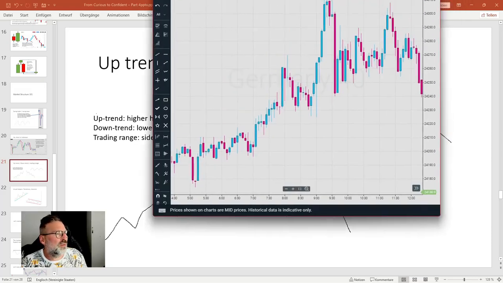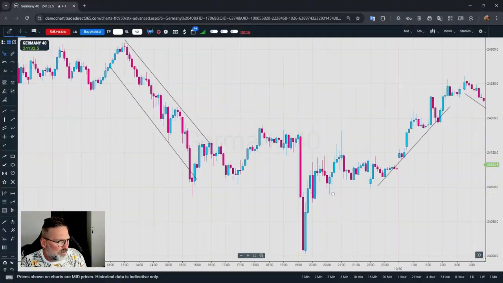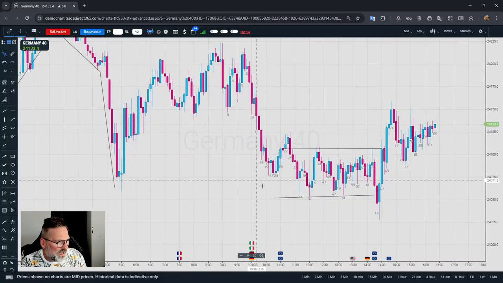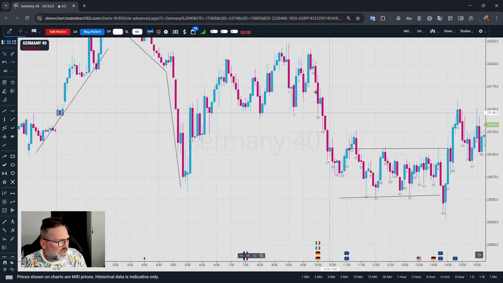So, do we have that in the real market? That's the DAX chart of right now. Sure we have. Here's one. It's a trading range. Here's also one. See here. That's what I mean. More or less clearly defined. That's the real market.